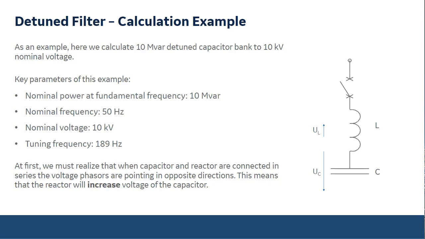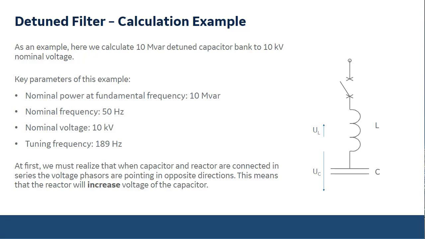I have put 50 hertz as the nominal frequency, and we use a tuning frequency of 189 hertz. The first thing we must realize is that the capacitor and reactor are connected in series here, and the voltage phasors are pointing in opposite directions. This means that the reactor will increase the voltage stress of the capacitor.